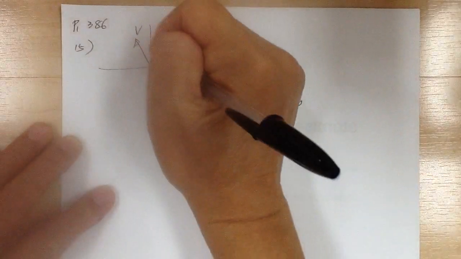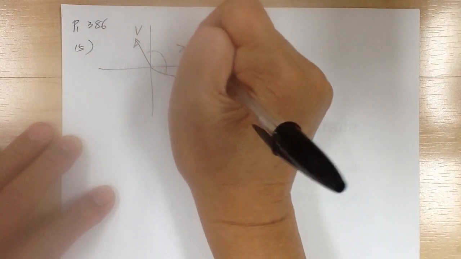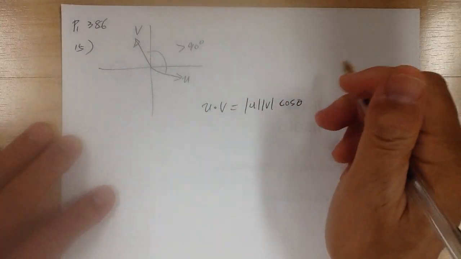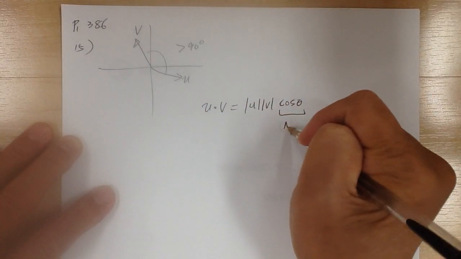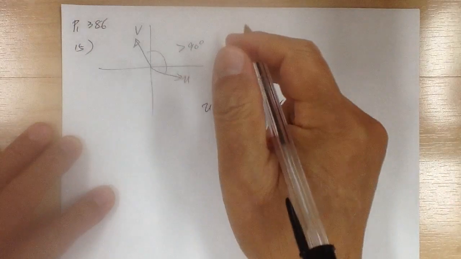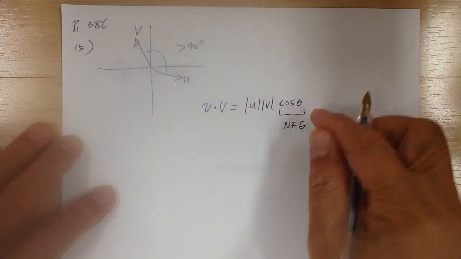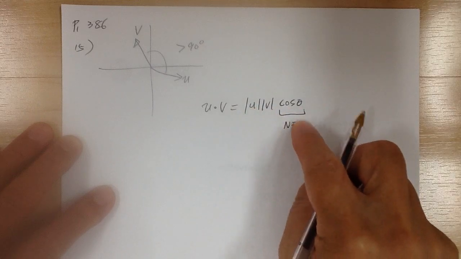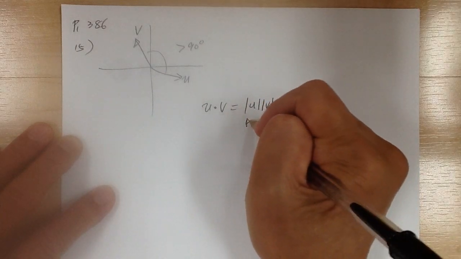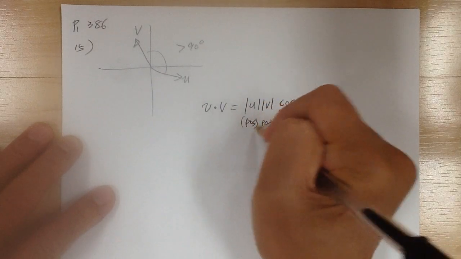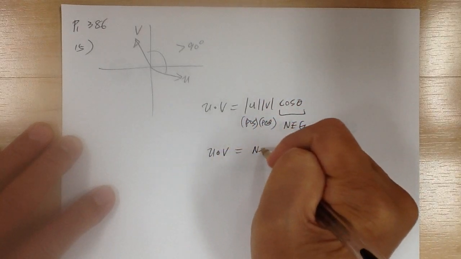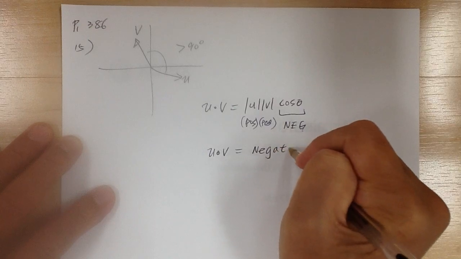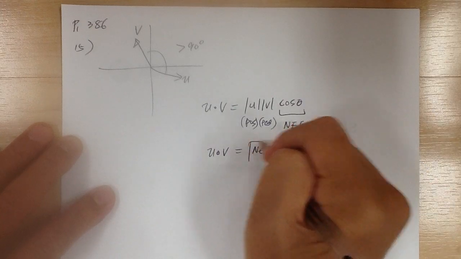Well, notice this angle is greater than 90 degrees, so theta is greater than 90, so the cosine would be negative. Cosine of an obtuse angle is negative. And these are lengths, so all of these are positive. So negative times positive, u dot v will equal negative.